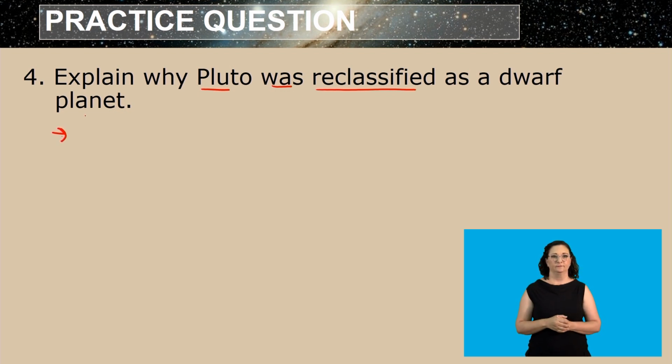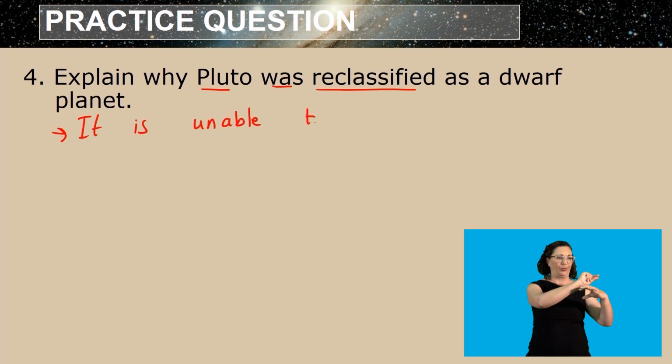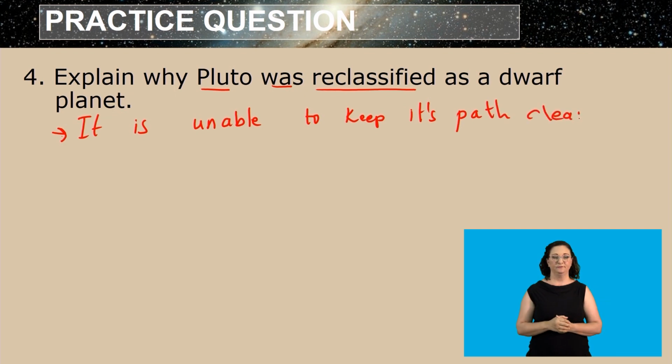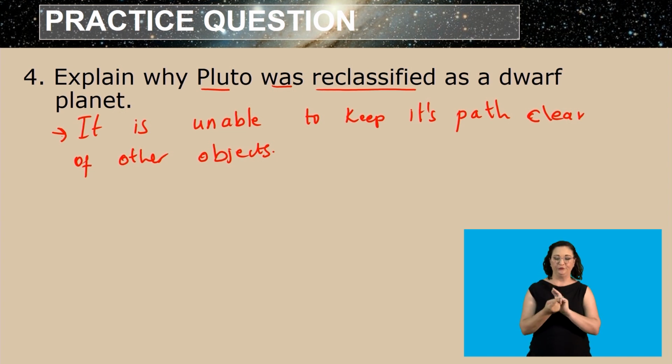Because it is unable to keep its path clear of other objects, and this is the reason why Pluto was reclassified as a dwarf planet.